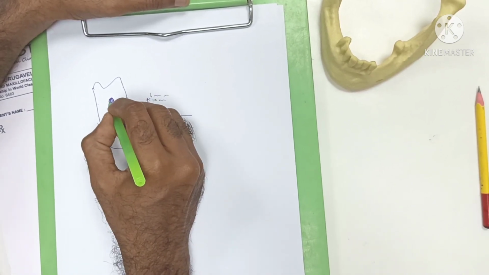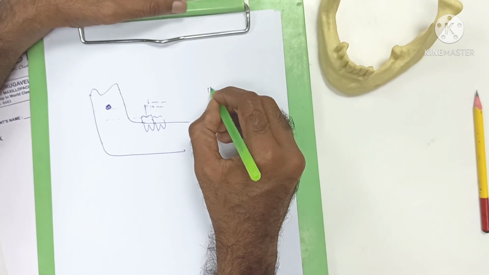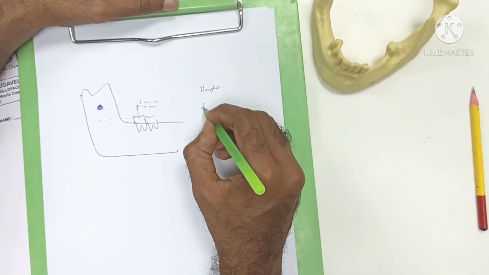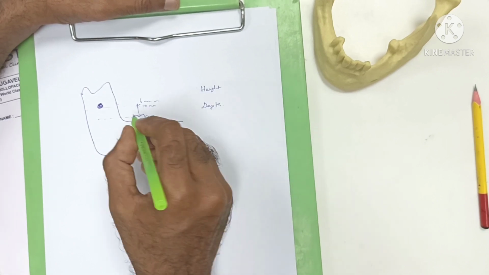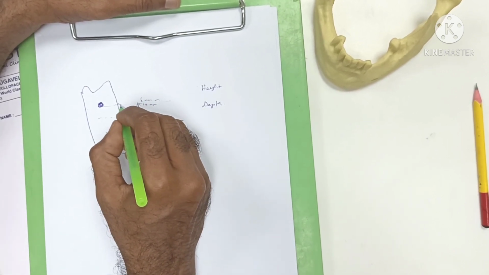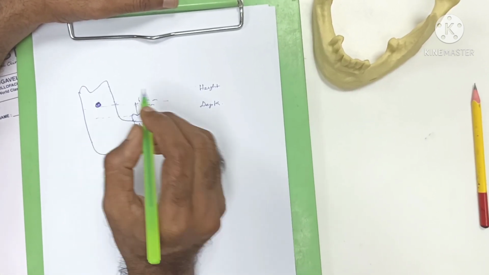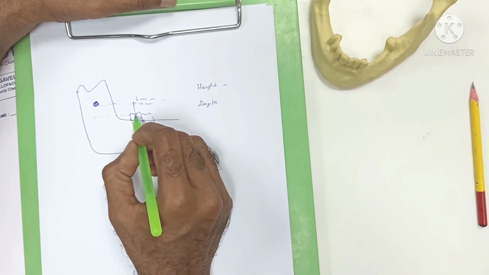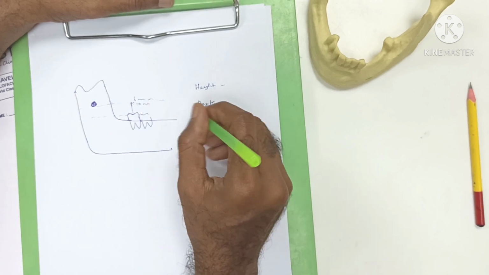There are two things we have to consider. One is the height of the foramen. The second is the depth of the foramen, meaning from the anterior border of the ramus to here. The height is, as I told, about 6 to 10 mm above the mandibular occlusal plane.